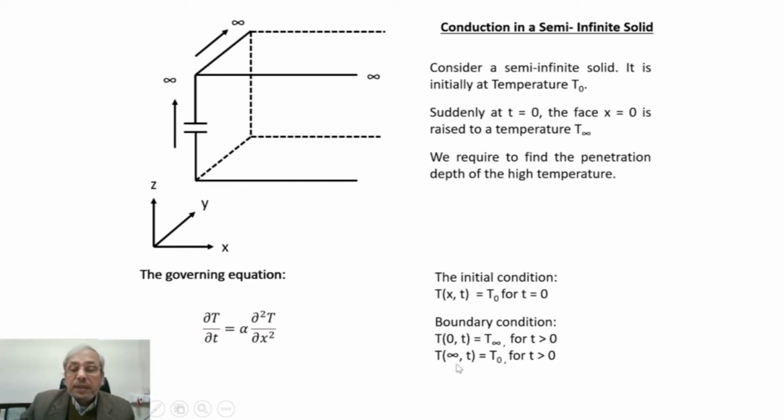But if the x direction dimension becomes infinity, that means the x direction becomes very long, there the temperature will remain at the initial temperature. So this is the physical problem which we will solve.